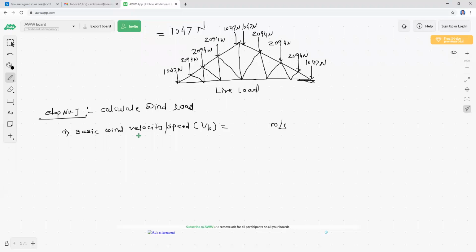Anybody having this? Just a minute. In the IS 875 part 3, they have given it. So I will put it on the WhatsApp. Please, I will put an image on the WhatsApp.